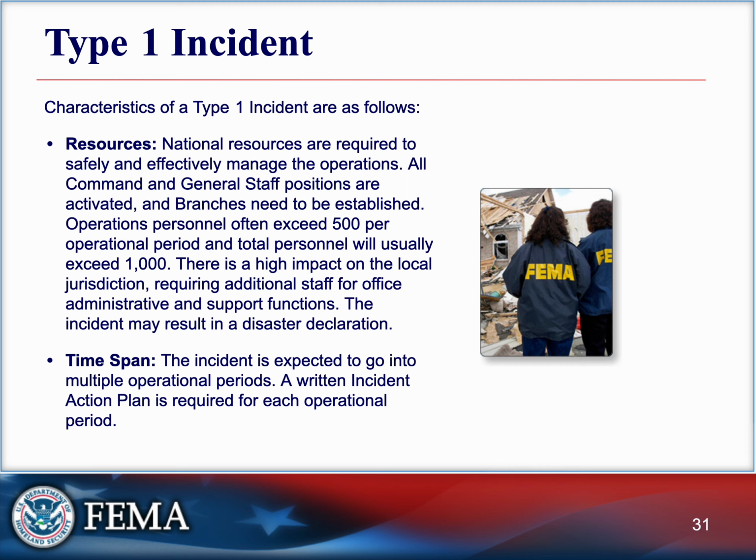And so these types of things we typically see with hurricane response, large-scale terrorism incidents, and stuff like that. National resources are being required to safely and effectively manage the operations, all the positions are activated, all of that good stuff.